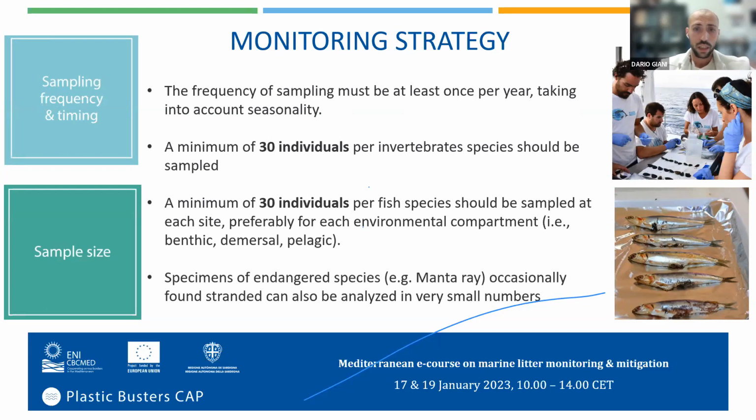For fish species in particular, the animals should be sampled at each site from each environmental compartment, for example benthic species, demersal species, and pelagic species. For particular animals, such as endangered species, for example the manta ray, we can sample when occasionally found stranded, and they can be analyzed in very small numbers.